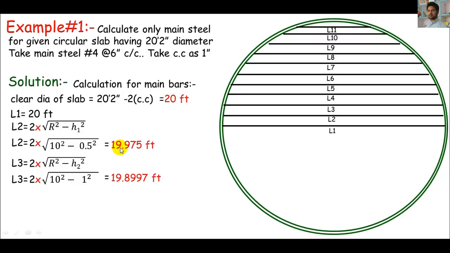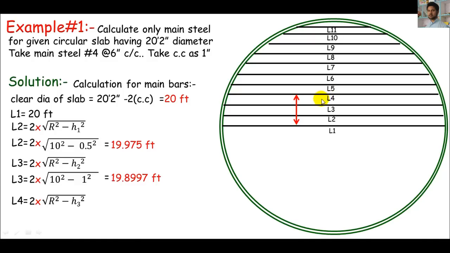Now what about L4? It is 2 times the square root of R square minus H3 square. This is also minimum from L3, L2 and L1, and of course you can see it. So plug and chug in. We need H3 over here. It is the distance between L1 and L4, because we are calculating L4.